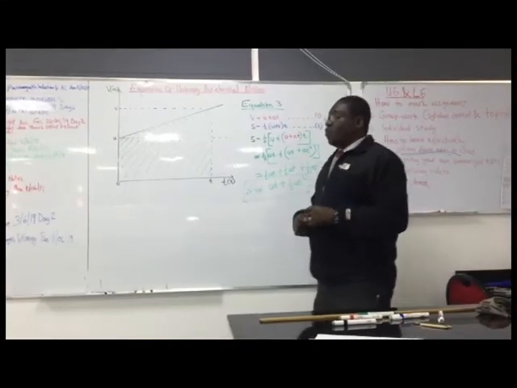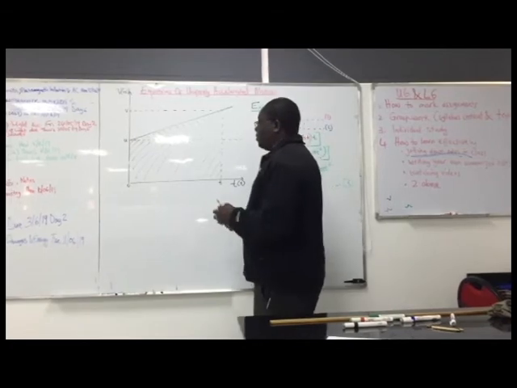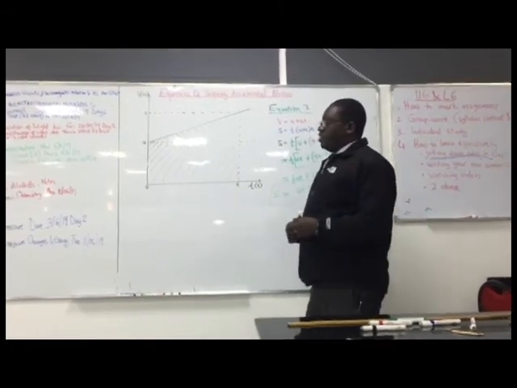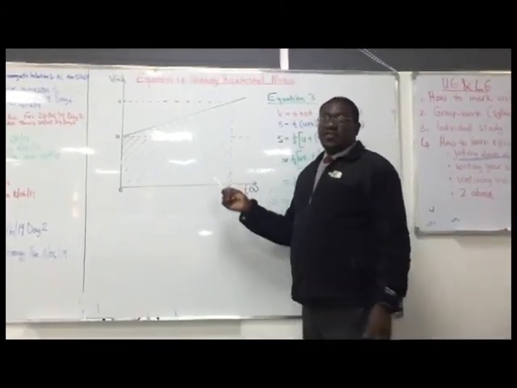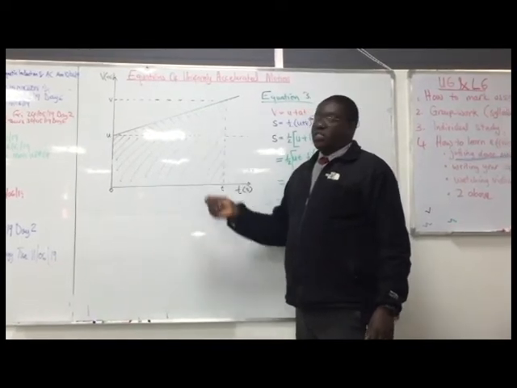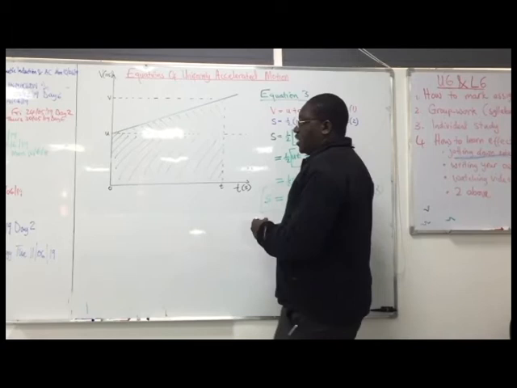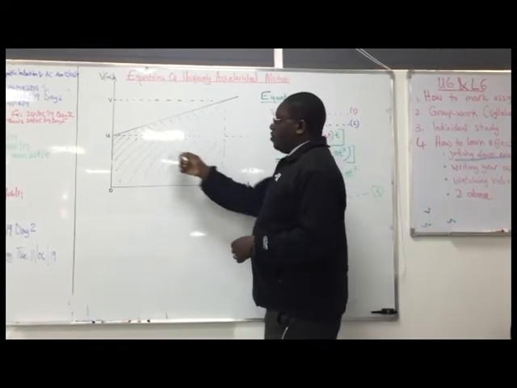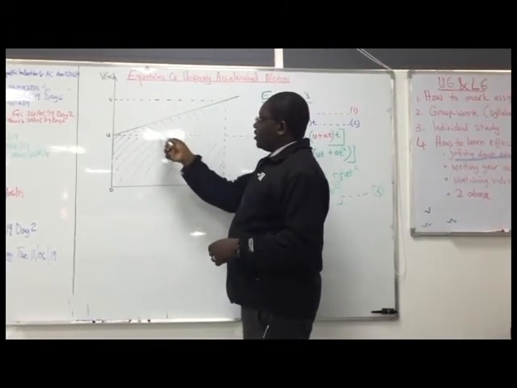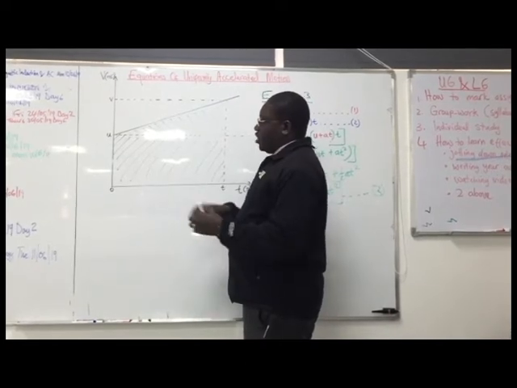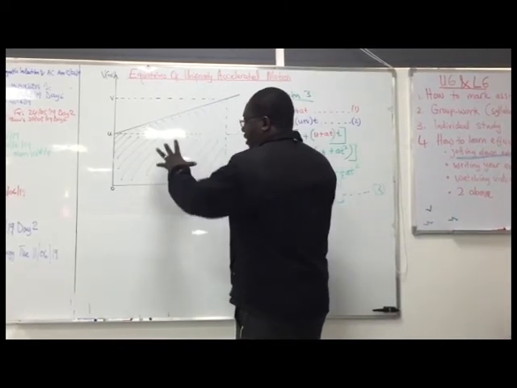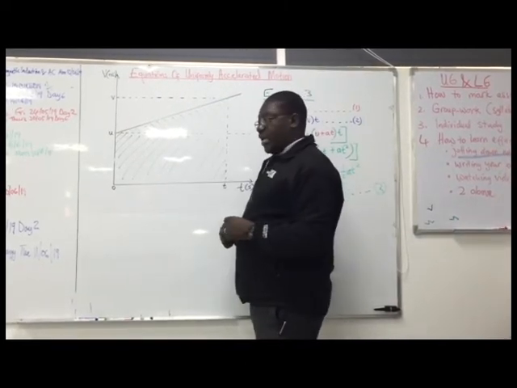Equation number 3 can also be derived by looking at the area under the graph. Remember I said the area under a velocity time graph gives you the total distance traveled or the displacement. Now this area is divided into 2. We've got a rectangle and then we've got a triangle on top of it. So the total area is that of the rectangle and that of the triangle.